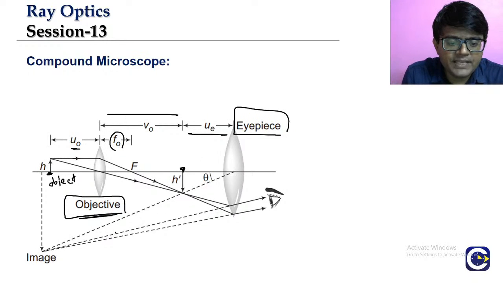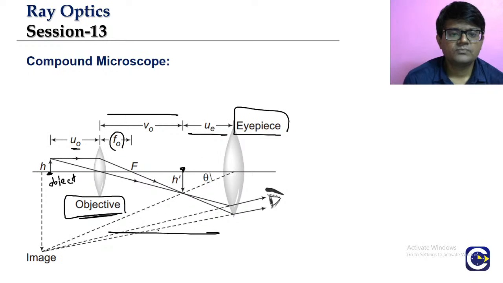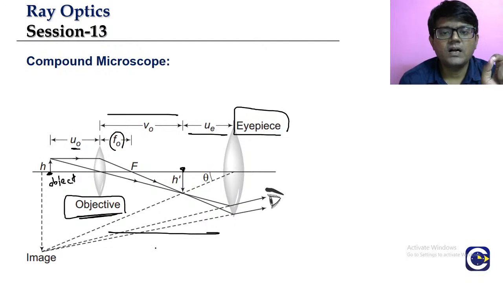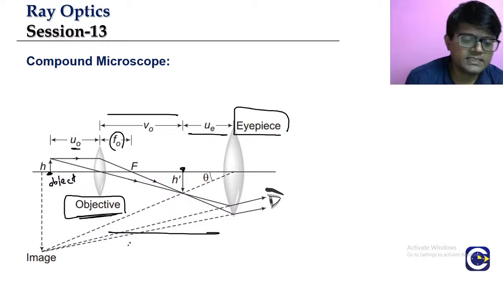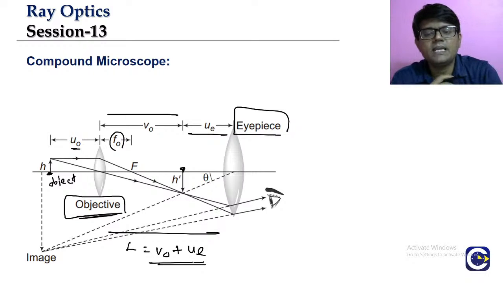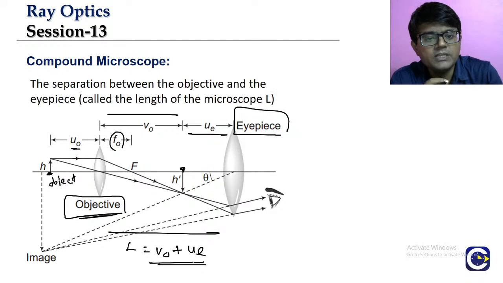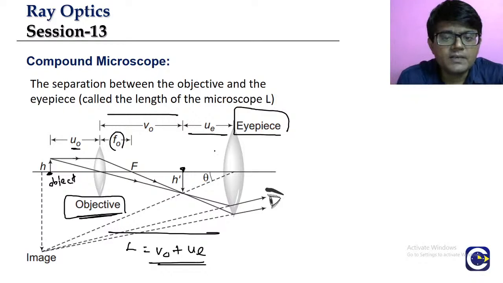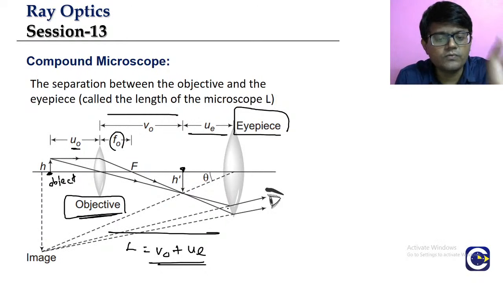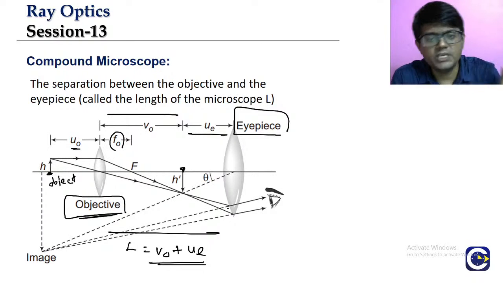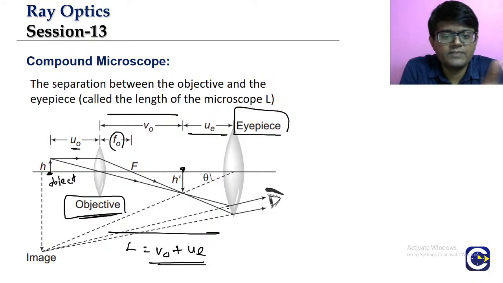The gap between these two lenses is what we call the length of the microscope. So what is this? This is VO plus UE. What is the length of the microscope? It is nothing but the separation between the objective and the eyepiece. What is it numerically equal to? VO plus UE. When I add both of them, we get the separation between the objective and the eyepiece.